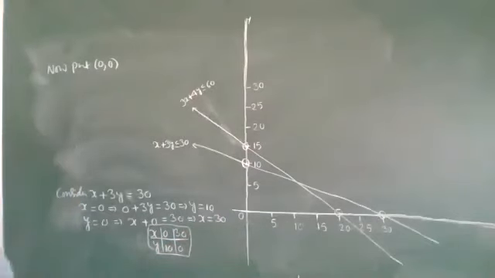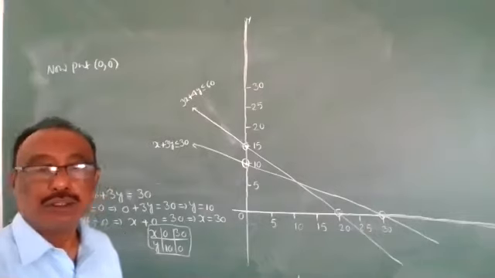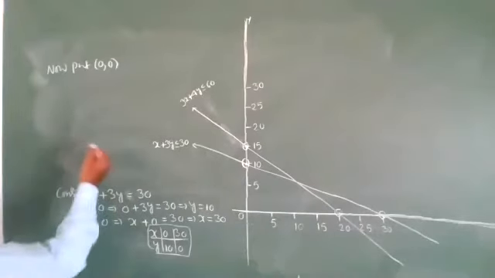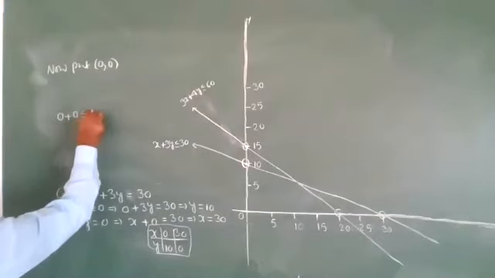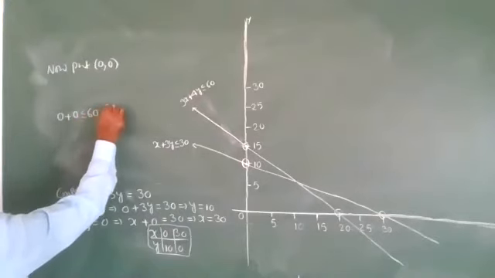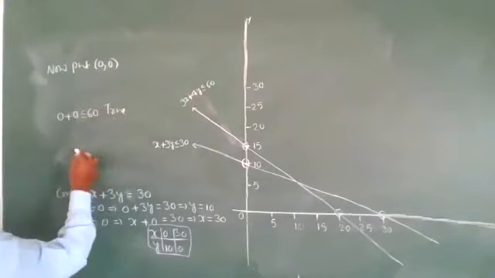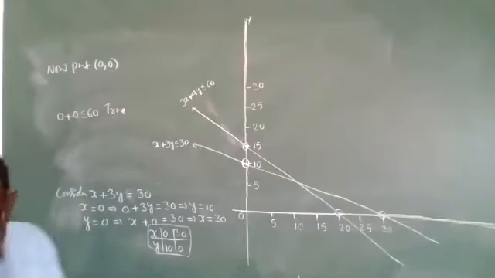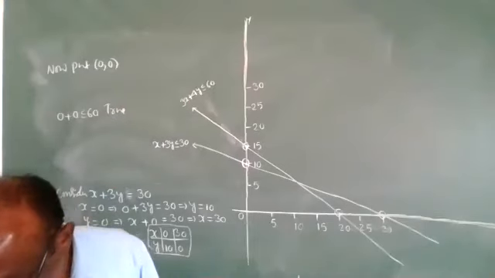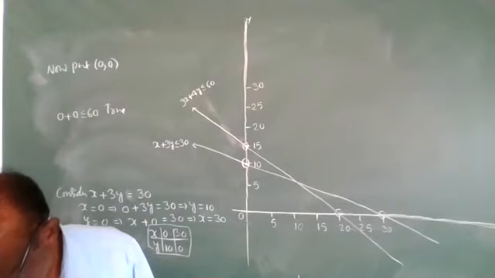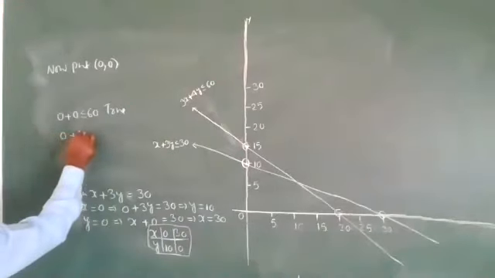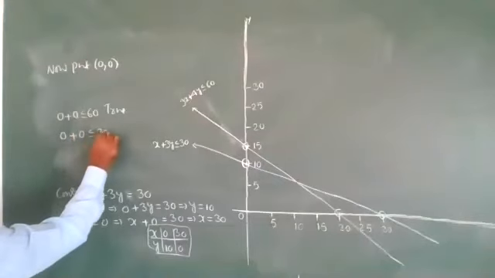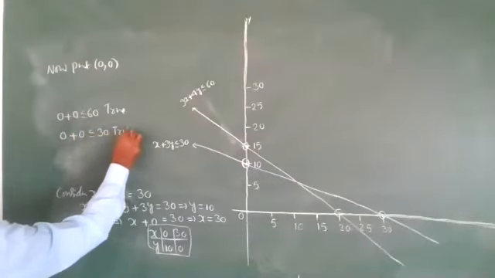Everyone, the first equation: 0 plus 0 less than or equal to 60 is true. Second equation: 0 plus 0 less than or equal to 30 is also true.